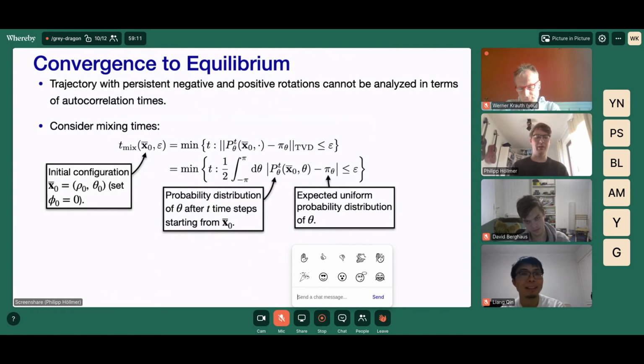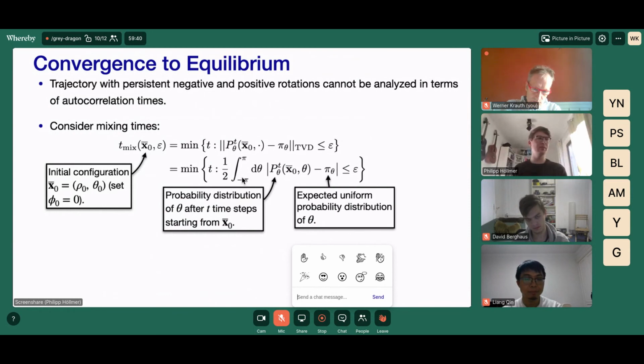However, we can always set phi 0 to 0 because we have this rotational invariance, and only the difference between the initial dipole angle and the initial rotation matters. The mixing time then gives the minimum time where the total variation distance between this distribution p_t theta, I call it here, and the distribution pi theta drops below the epsilon value for the first time. What are these p_t theta and pi theta distributions?